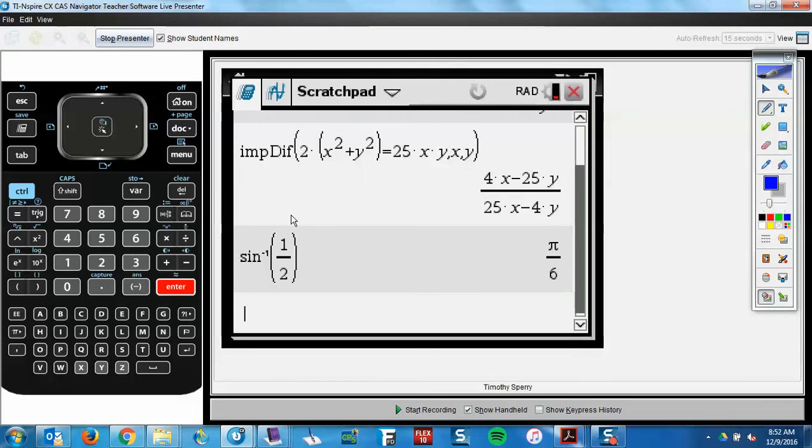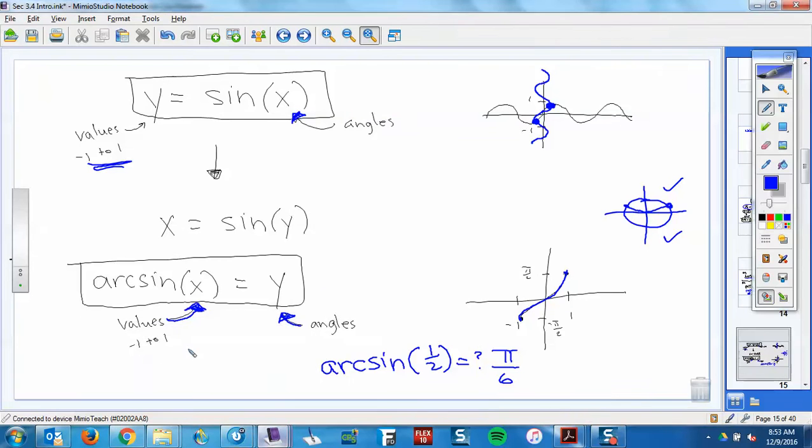Now put in arc sine of negative 1/2. Notice you don't get 11 pi/6, right? You get negative pi/6, because we're restricting it between negative pi/2 and pi/2. So we're using these two quadrants, going this way and this way, and we get negative pi/6.